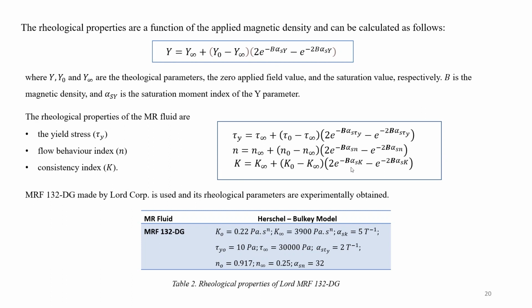And we have arrived at these constants experimentally. So the MR fluid MRF 132 DG, this we have taken from the Lord Corporation, and just for modeling purposes we have done, and we have calculated.